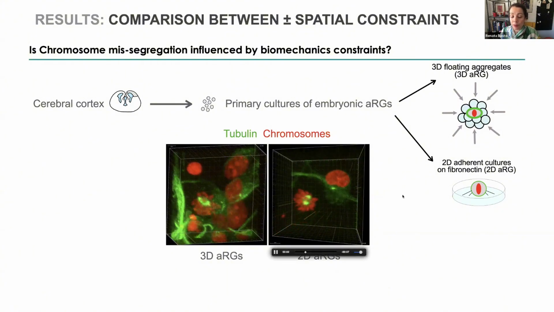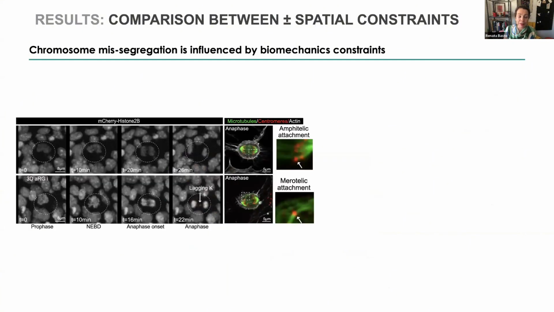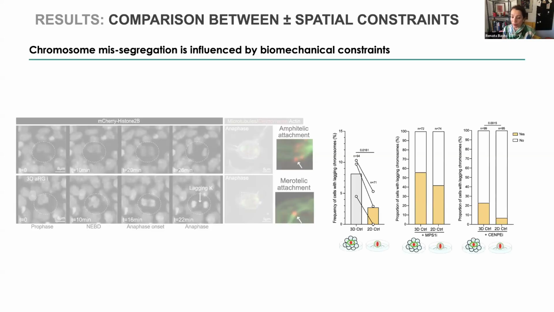This is the same for 2D. Basically, we do not see many differences in terms of centrosome and spindle assembly behavior or timing. But what became evident is that in terms of chromosome segregation, which we are monitoring by the presence of lagging chromosomes, most likely because of merotelic attachment, things are very different.